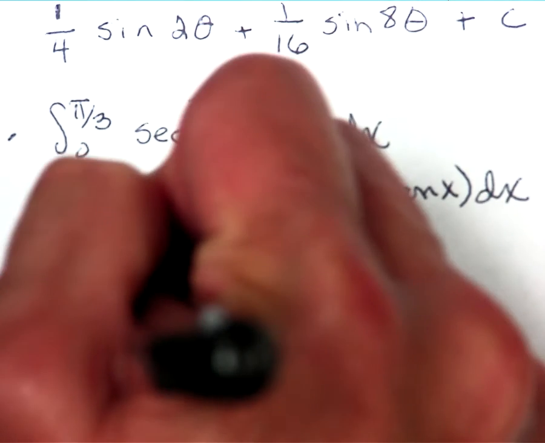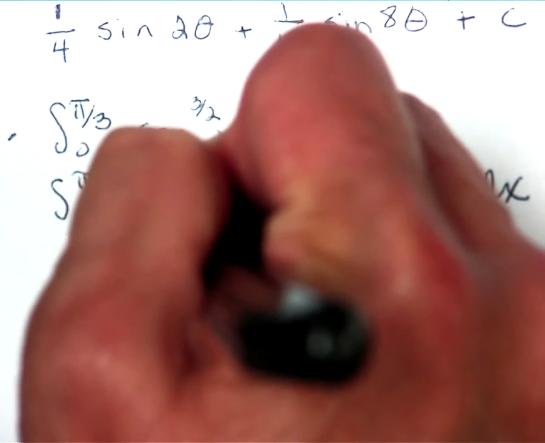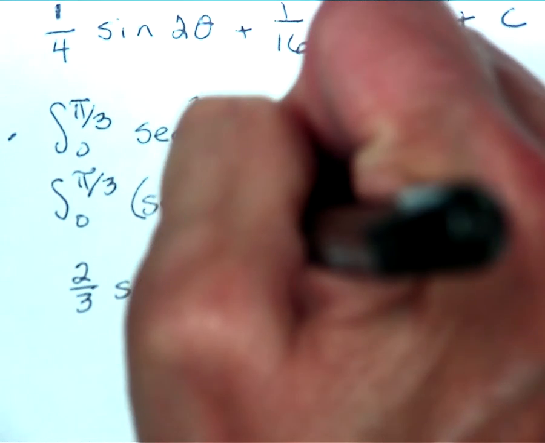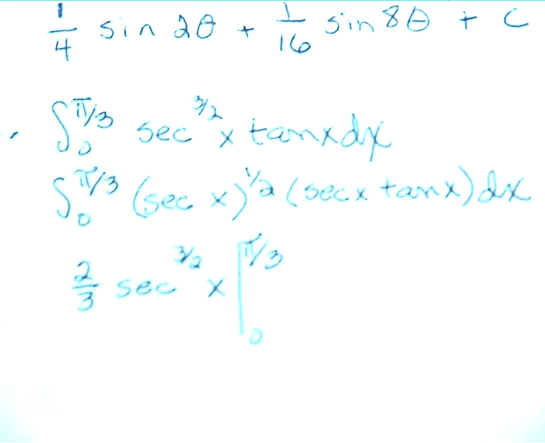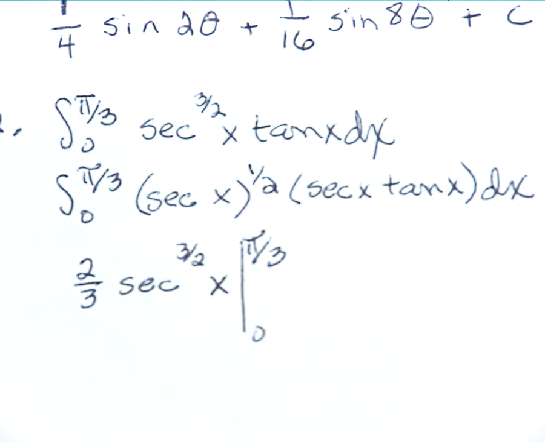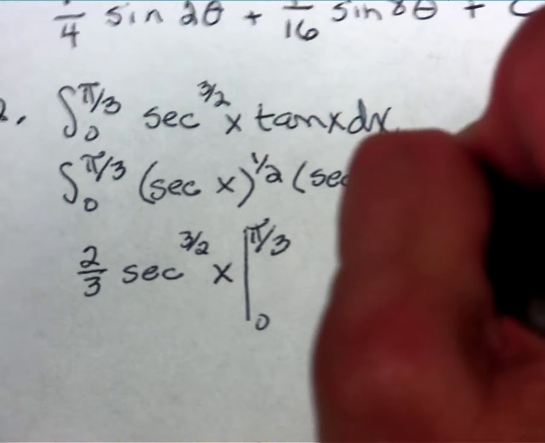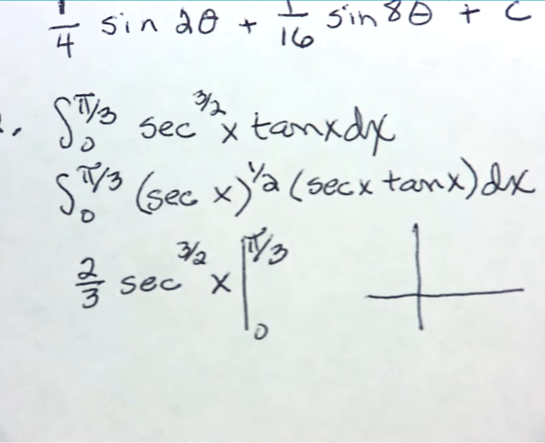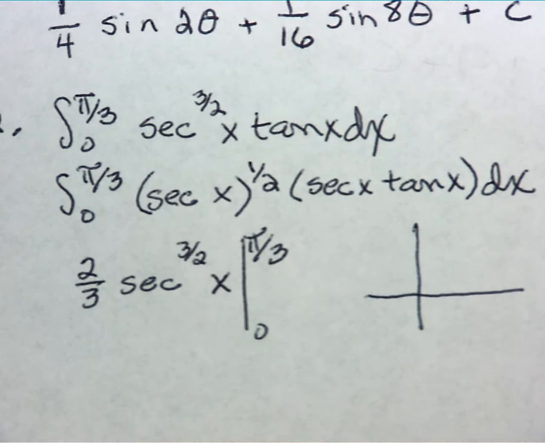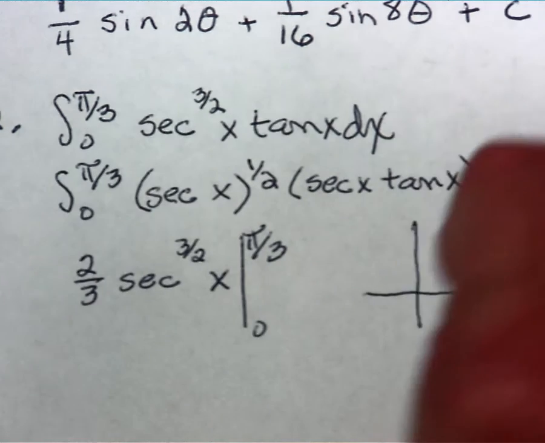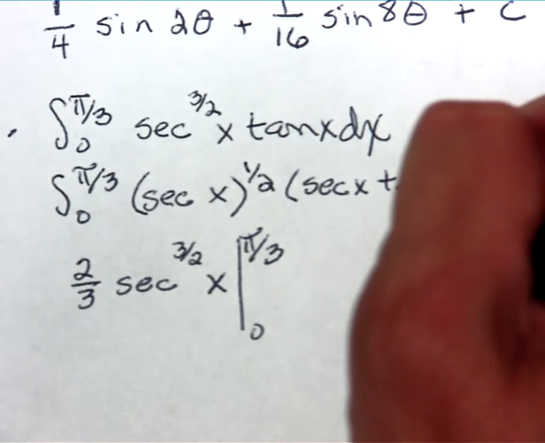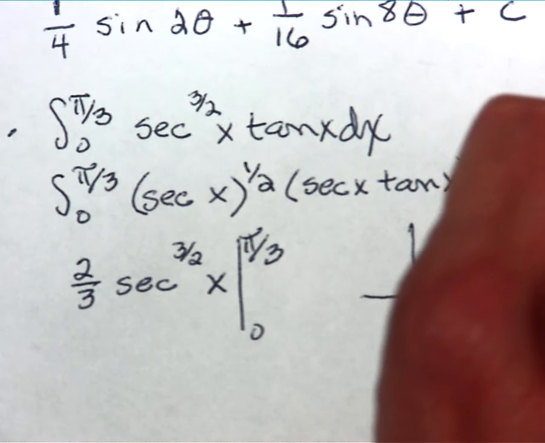Two-thirds, ugly, to the 3/2, evaluated from 0 to pi over 3. And so pi over 3, believe it or not, if you ask me to find C, I go, pi over 3 is right here, where x is 1/2 and y is square root of 3 over 2.